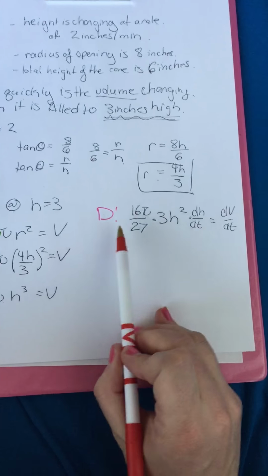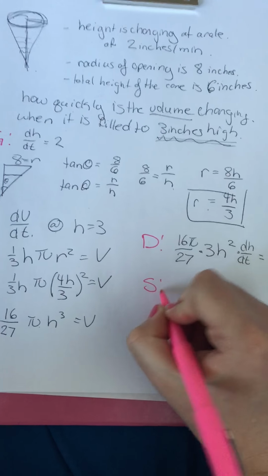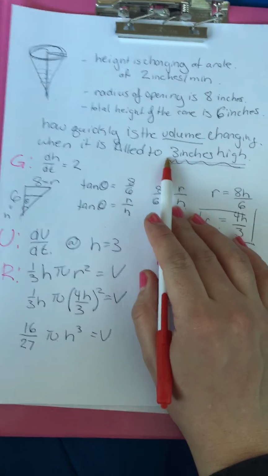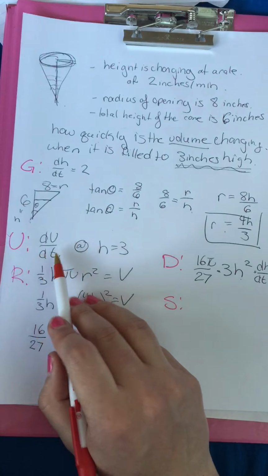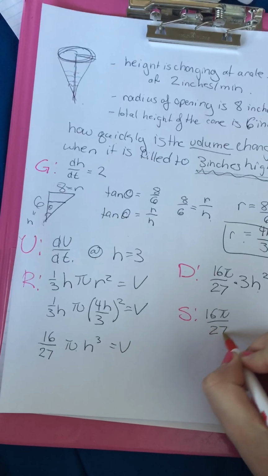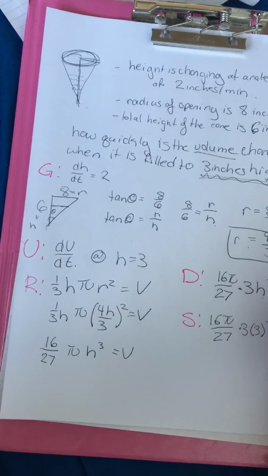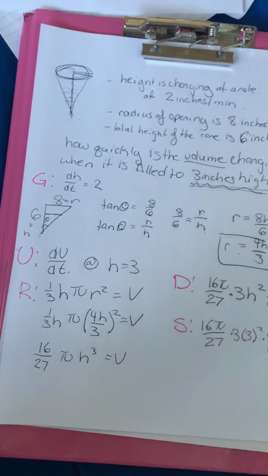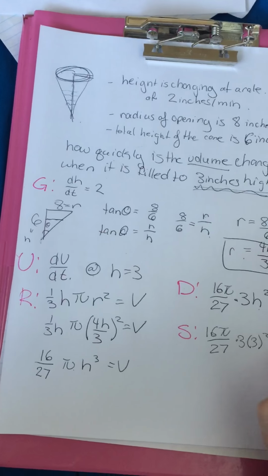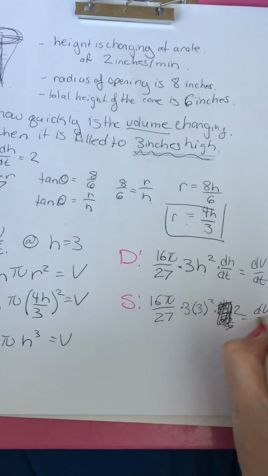Now that we have this, we can solve. We plug in everything we know. We know that h is equal to 3 because we're trying to find dV by dt at h equals 3. So we have 16 pi over 27 times 3 squared times dh by dt, and dh by dt equals 2, so this is times 2, equal to dV by dt.